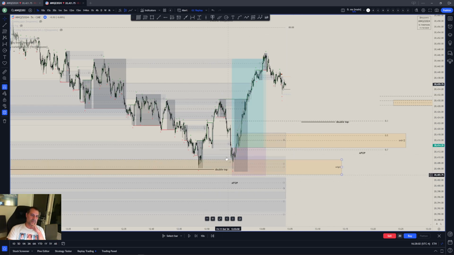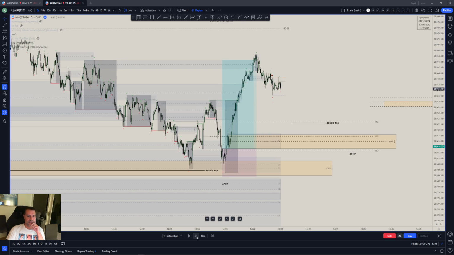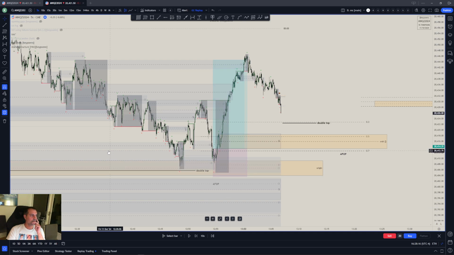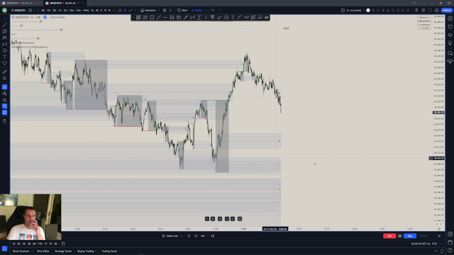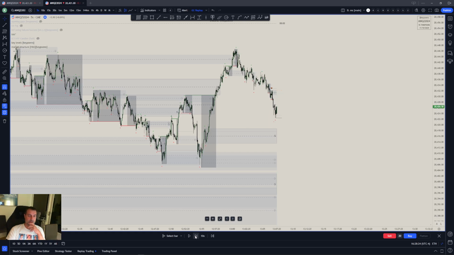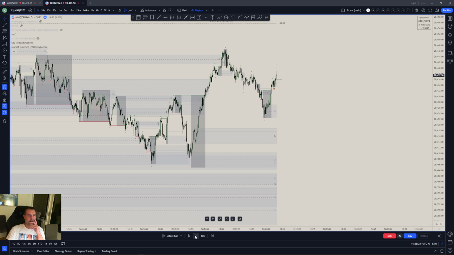So we took some liquidity, ran the other side at 12:50 to 1:10. Could be a coincidence, but let's see. So the indicator has drawn this for us. The ones that I actually annotated were drawn by the indicator. Let's see if we can see something here.